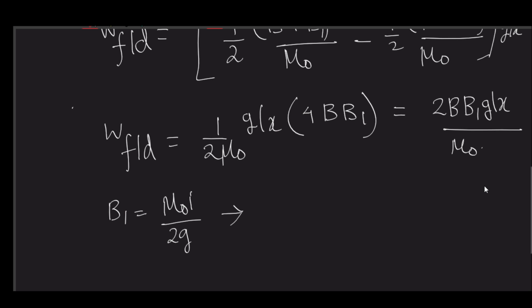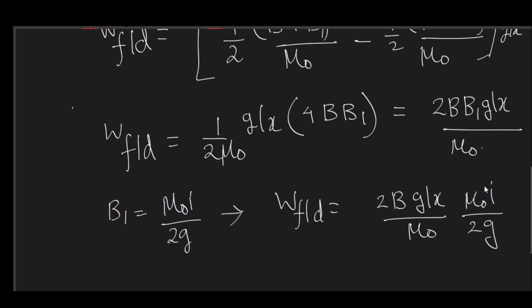So what you will get, W field is equal to 2B g l x by mu naught times mu 0 I by 2G. So these two cancel out each other.